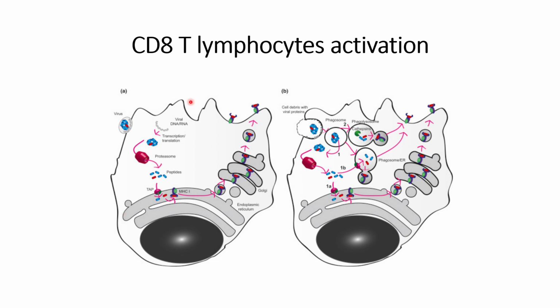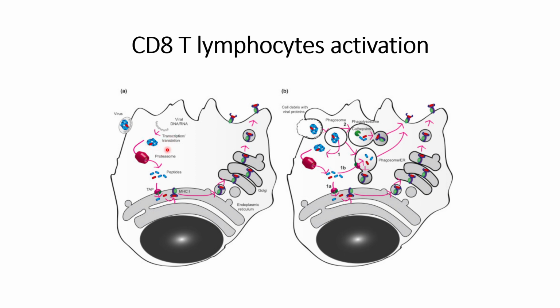Let us go through panel A, in which the virus infects the cells. When the virus infects the cells, it contains its genetic material either in DNA or in RNA. If the genetic material is RNA, the virus package also includes reverse transcriptase, which helps in reverse transcription of this RNA into DNA that can integrate with the host.